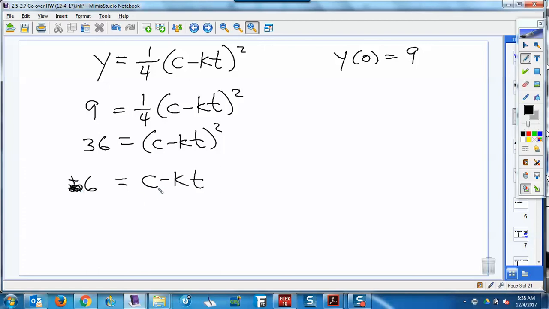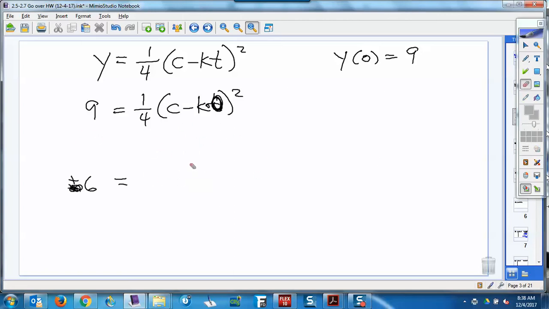All right. And what I forgot to put in for t is 0 right there. Now, I wouldn't have carried this along that far. If I was actually working, let me erase that and make that look better. I wouldn't have done all that, but it actually helped me understand that I had C minus KT there.